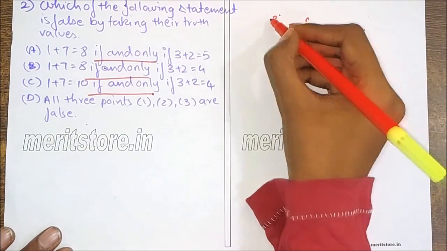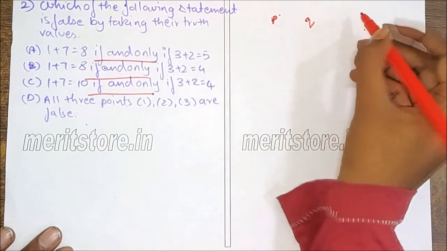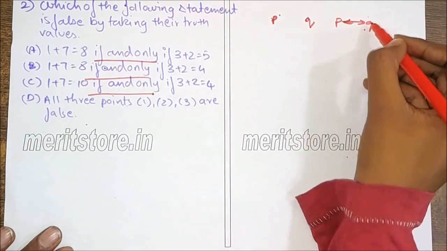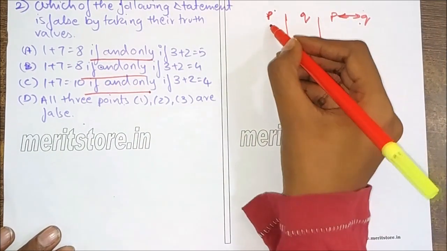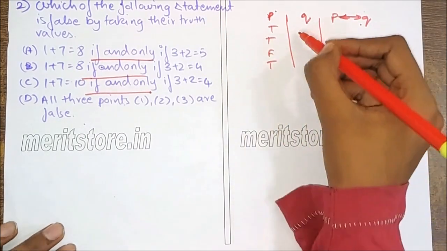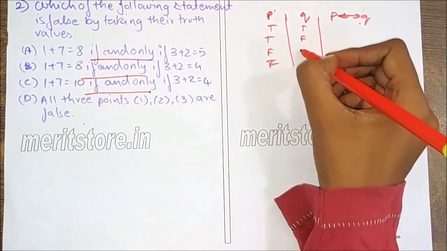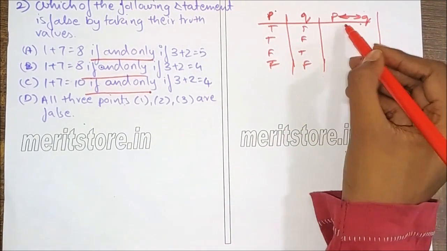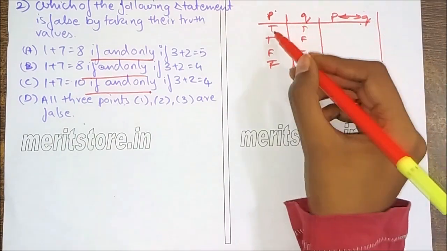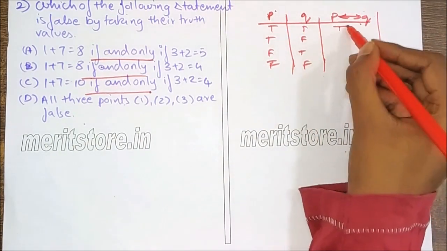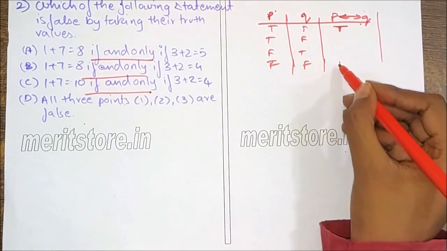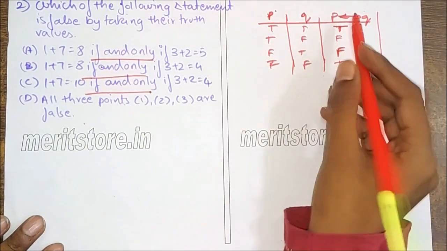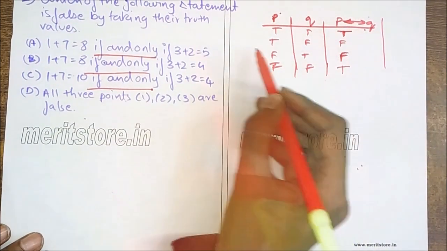Let the first statement be P, the second statement be Q. So this is the biconditional statement for P and Q. The truth table is T, T, F, F, T, F, T, F. For a biconditional statement, if both the values are the same, then the final logic is true, else it is false. So we'll use this table to check our answers.